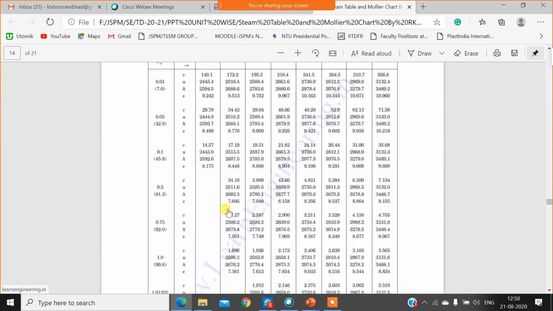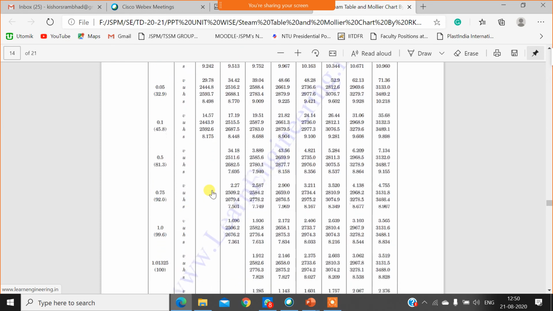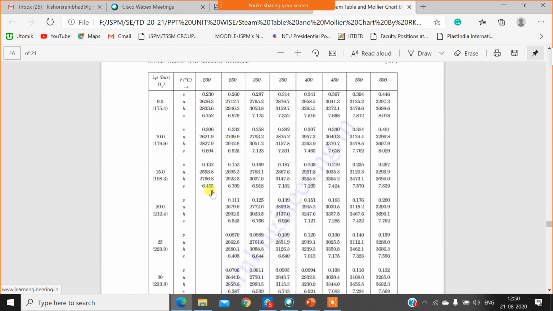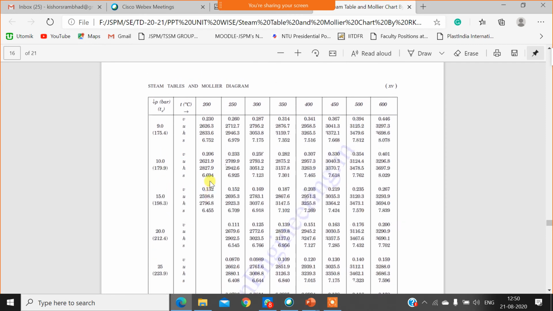Now, from the superheated steam table, we can directly take the value at 20 bar. At 20 bar, the enthalpy at 300 degrees Celsius is 3137.0, and at 400 it is 3247.6.